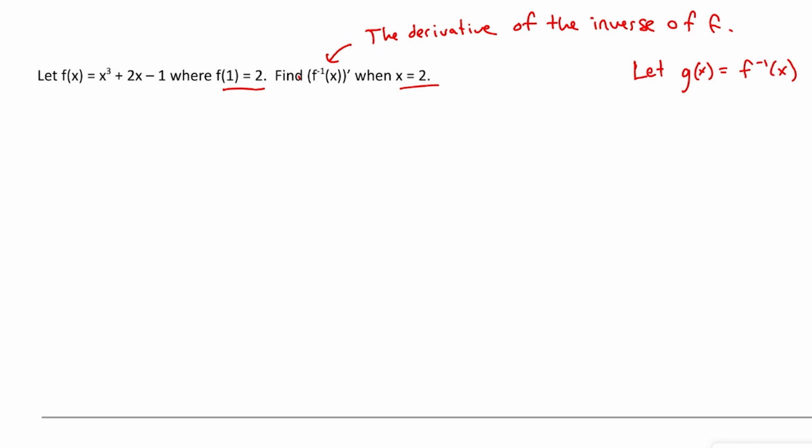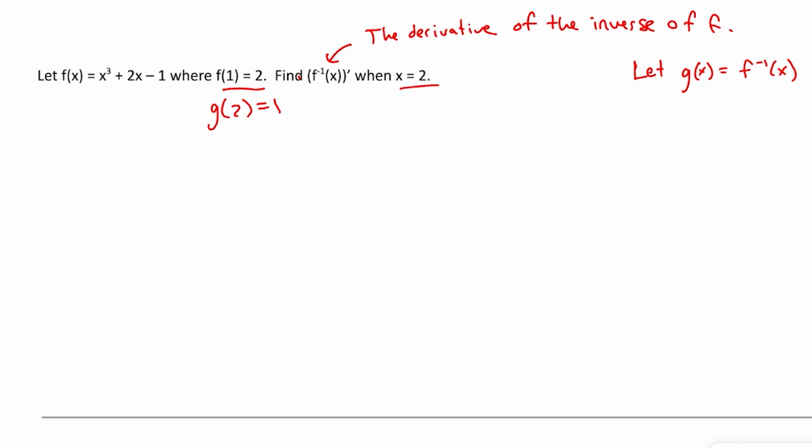We just have to remember that g is the inverse of f at the end of it all. Okay, so if f of 1 is 2, that means we have a point on f, (1, 2). What point is then going to be guaranteed to be on g? (2, 1). So g of 2 is 1. Okay, we'll also need that piece of information.